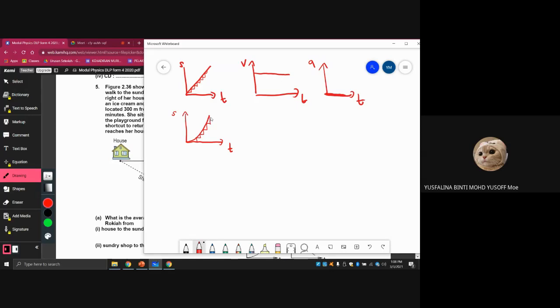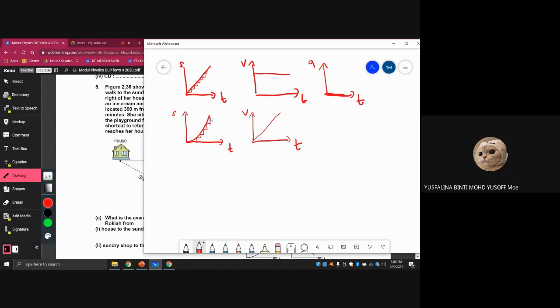And we already know the gradient for displacement against time is equal to velocity. So if I draw the velocity against time graph, since the gradient is increasing, the velocity also should be increasing. So it will increase like this.